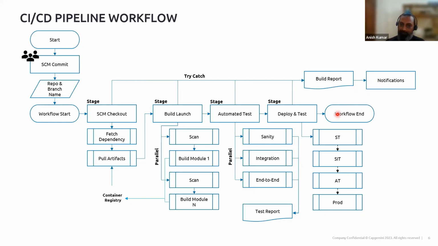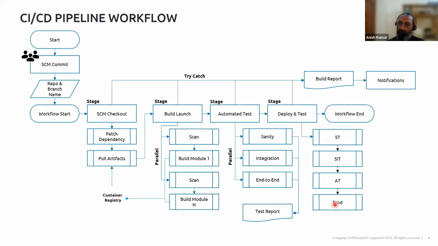Once the testing phase is completed and the build is certified for higher releases, that is where your deployment kicks in, by choosing the right version of the artifact generated and deploying it onto your different set of environments.